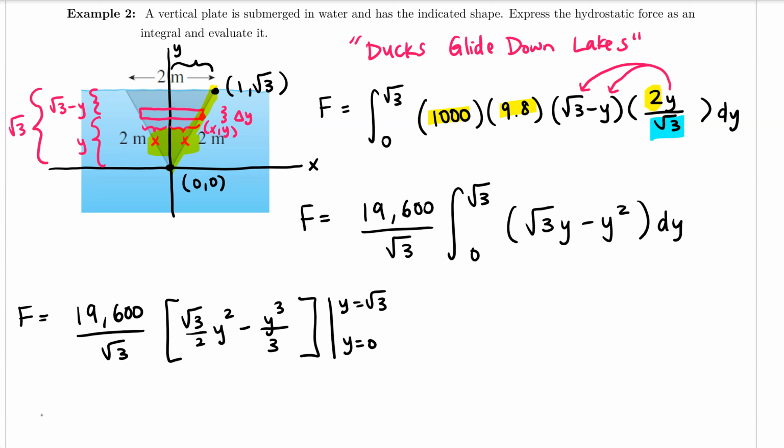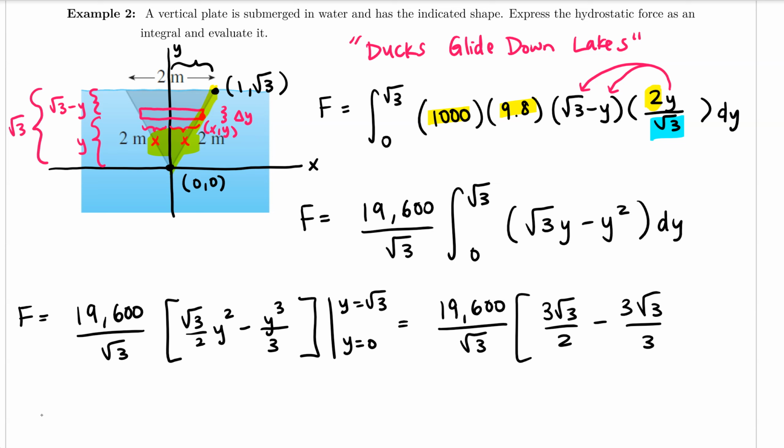So let's go ahead and plug in our limits of integration. So this is going to give us 19,600 over the square root of 3 times 3 root 3 over 2 minus 3 root 3 over 3. And what's going to happen now is if I distribute in the 1 over the square root of 3, these will cancel out.